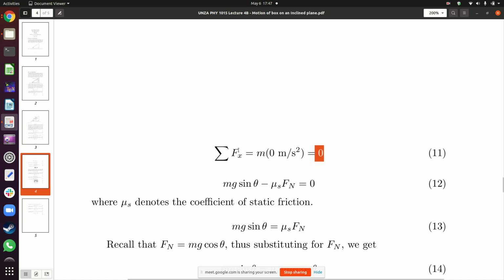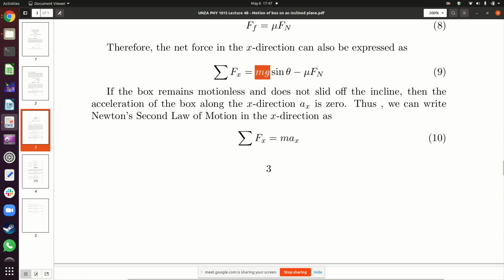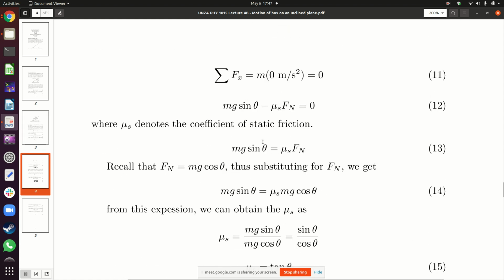Our resultant force is this here, mg sin theta minus mu k Fn. Since our box is not moving, we're talking about static friction. So this is what we end up having: mg sin theta minus mu s, which is the coefficient of static friction, multiplied by the normal force, equals 0.